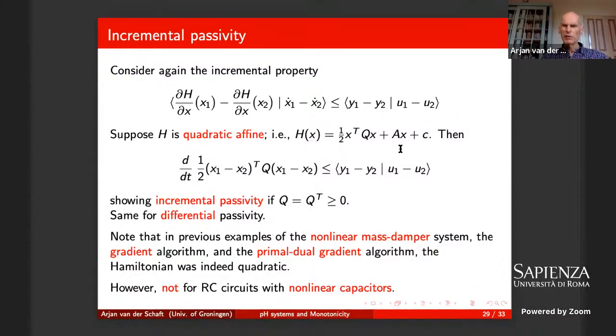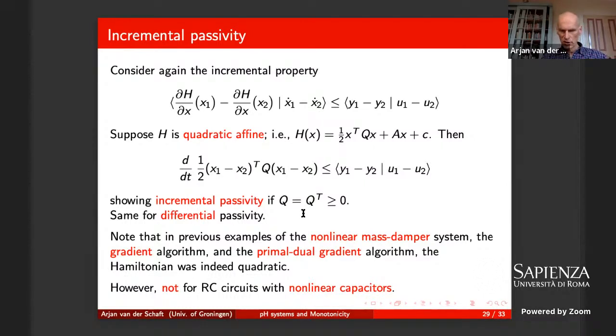If the Hamiltonian is quadratic affine, so an expression like this, then you see indeed that this inequality reduces to this. So we get a storage function for this incremental supply rate. So indeed, this is incrementally passive, assuming that the Hamiltonian is of this form.